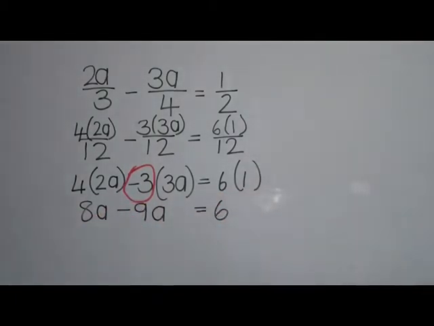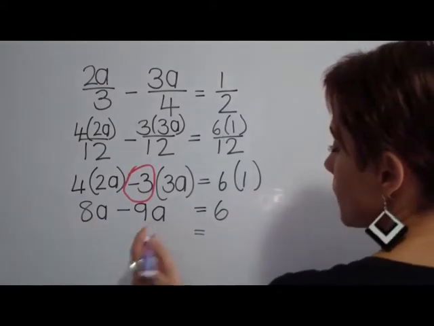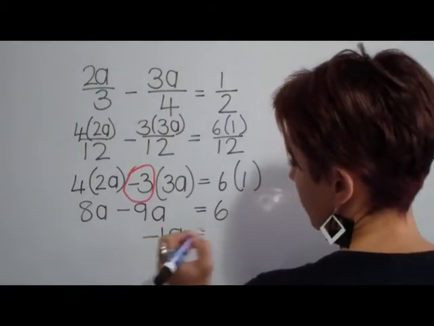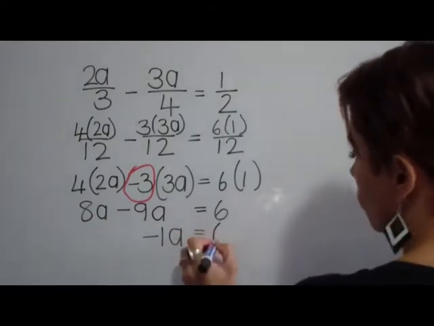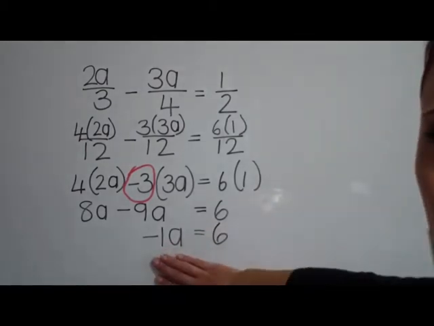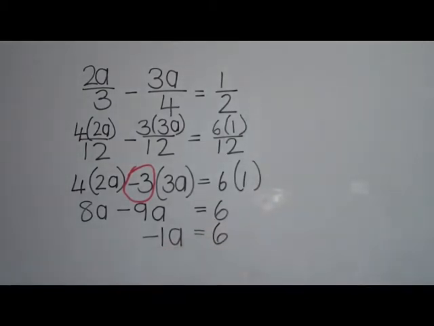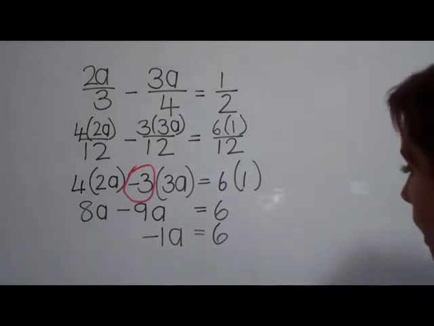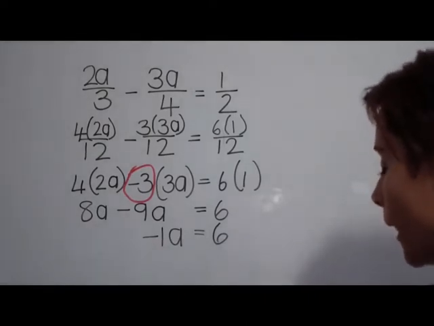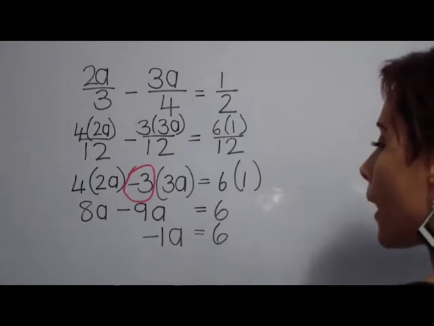Beautiful. Now it's again like solving a normal equation, like solving the unknown number. 8 minus 9 is negative 1a, that's negative 1a, is equal to 6. And when we get to this point, we say, my answer can't be negative a. My answer must always be positive a equals. How do I get a positive away, or negative away?